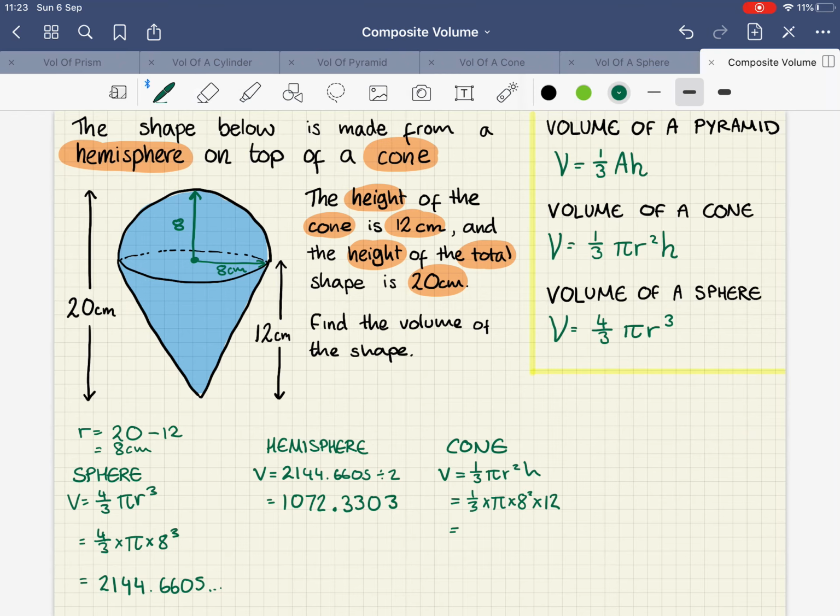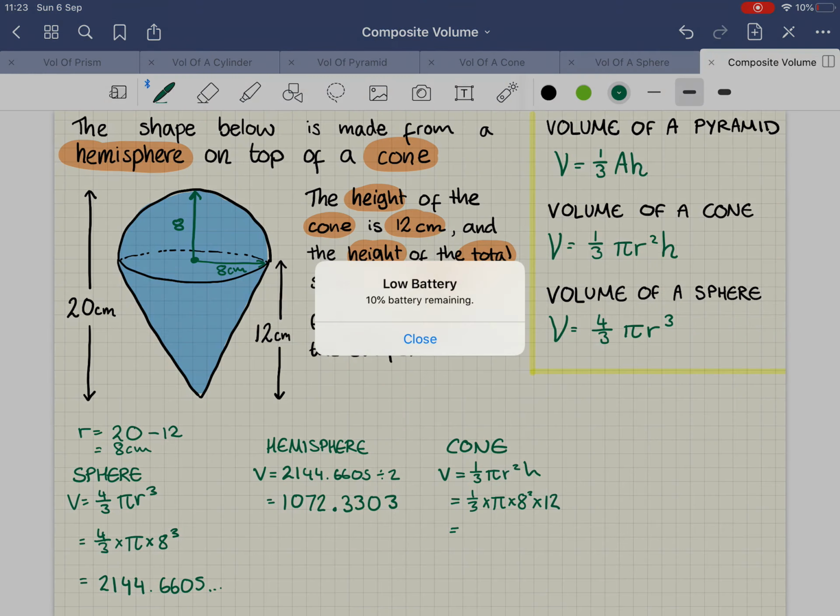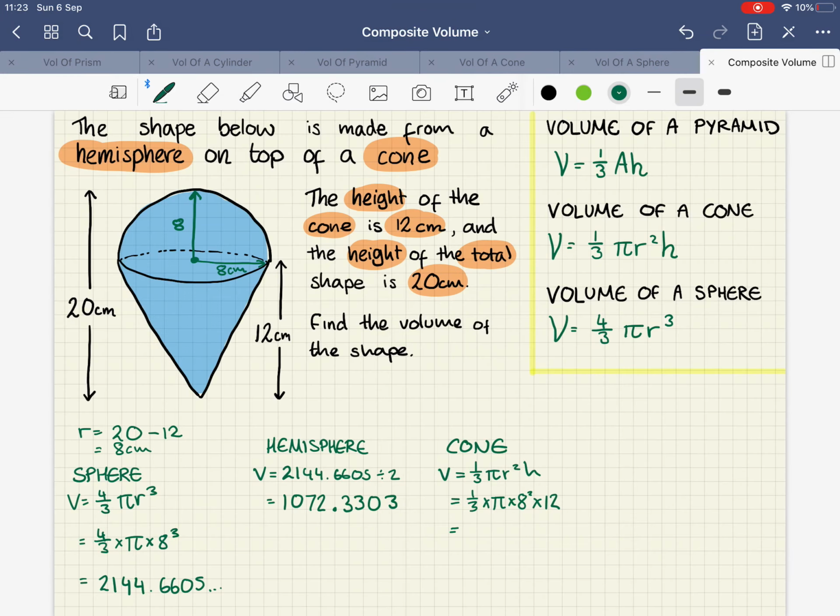So sticking that into my formula gives me an answer of 804.2477.